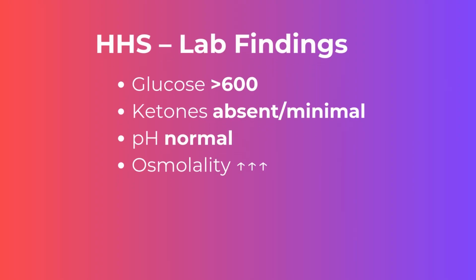The laboratory findings for HHS show a blood glucose often over 600, little or no ketones, normal or slightly low pH, and an extremely high serum osmolality.